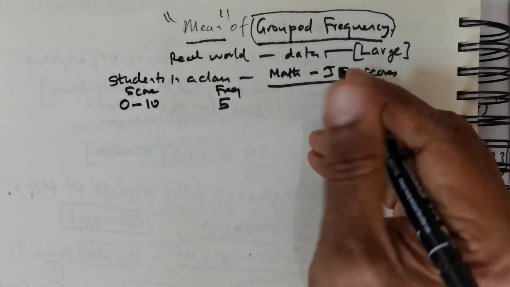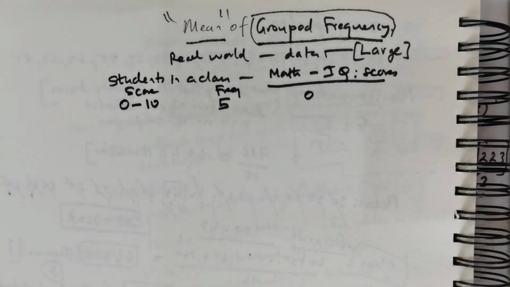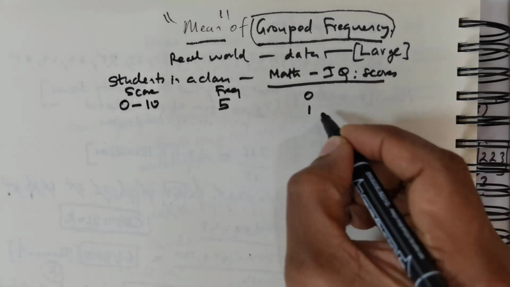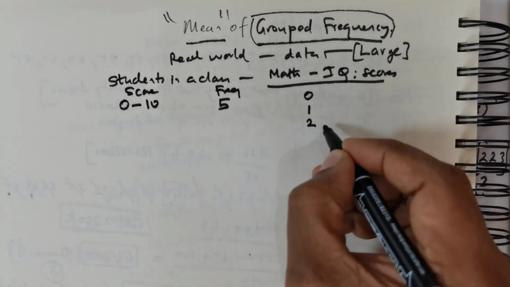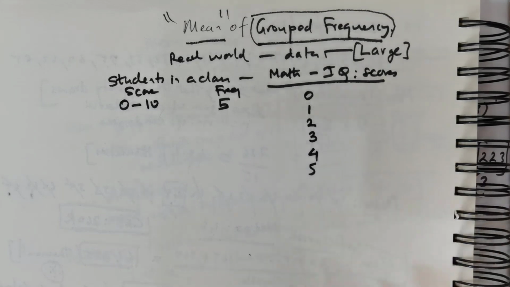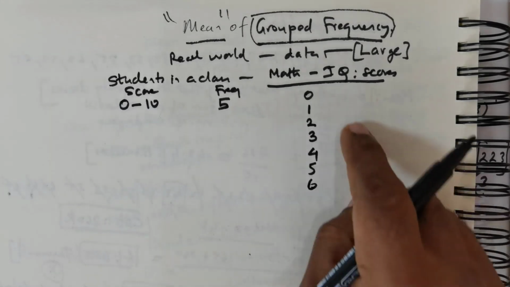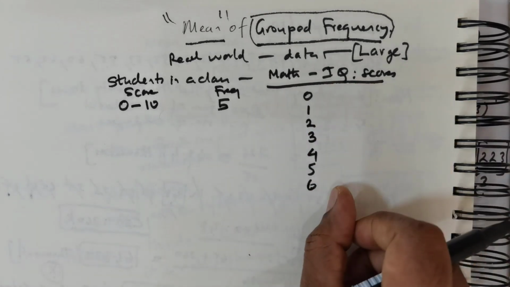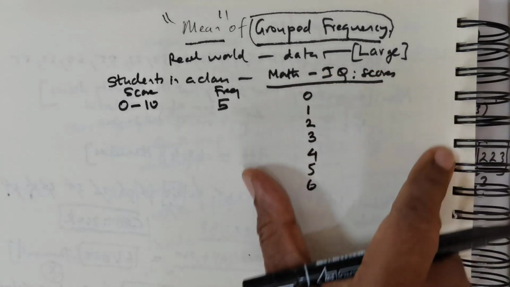Say for example, if I were to place this 0 to 10 score, I would have to place students who have got 0 marks, students who have got 1 mark, 2 marks, 3 marks, 4 marks, 5 marks, 6 marks. You see that? Just to place in the marks, see the length I have taken here, and imagine you are going to tabulate this.